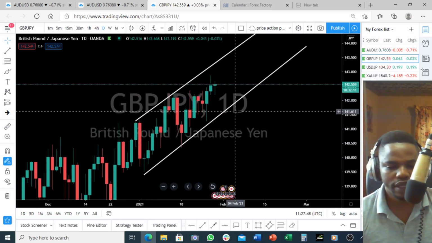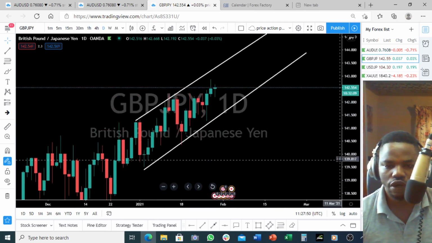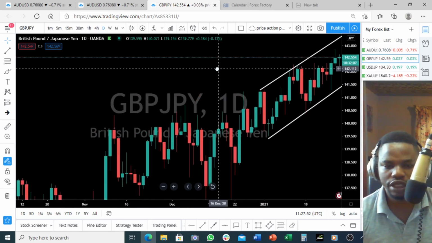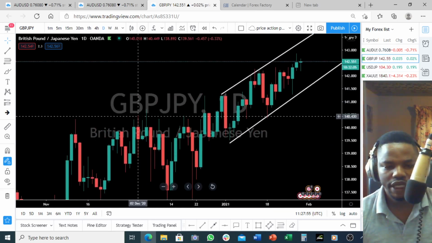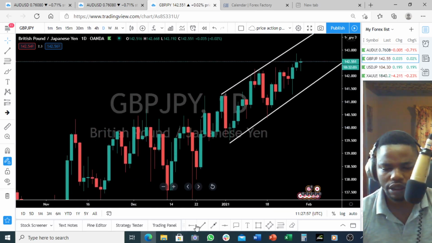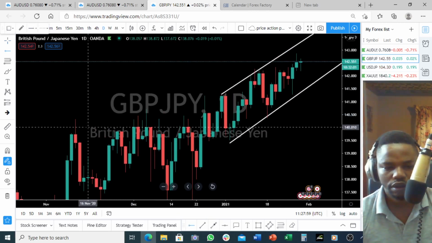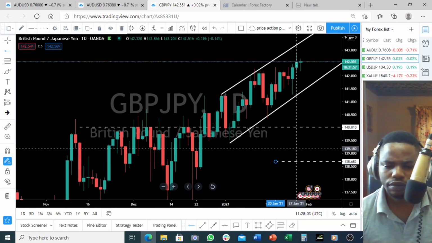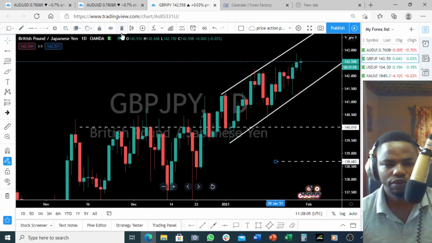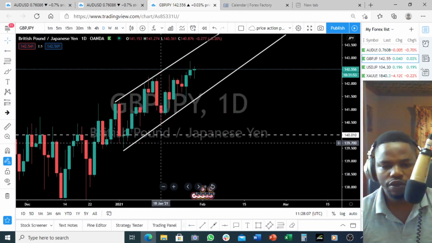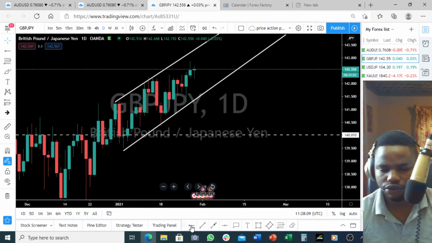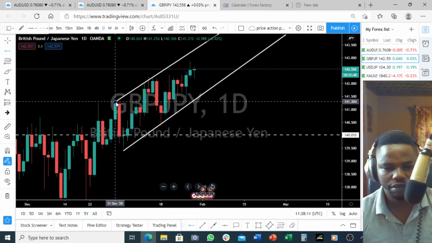So what is it that we are going to look for? Remember, GJ was a complicated pair. Let me put a support, resistance here to become support. Remember, GJ was kind of a difficult pair to trade at the moment.